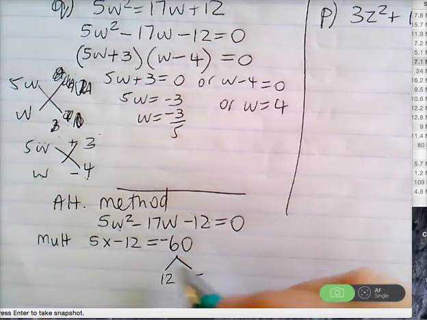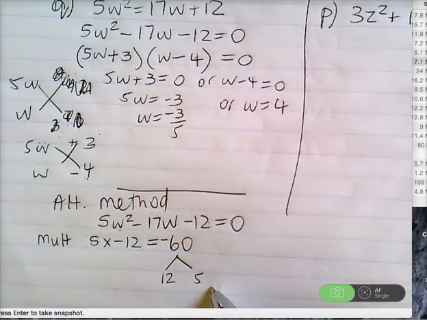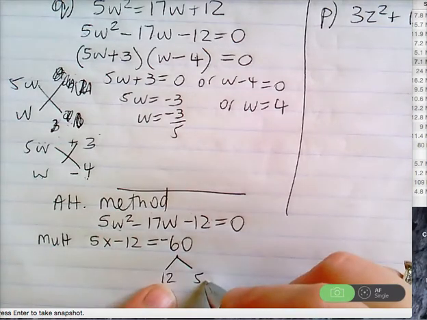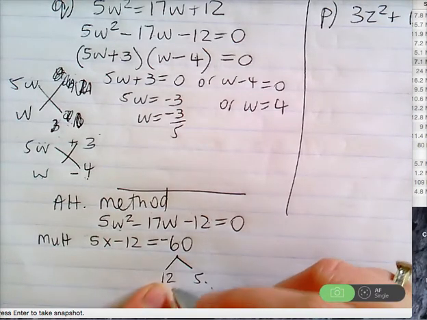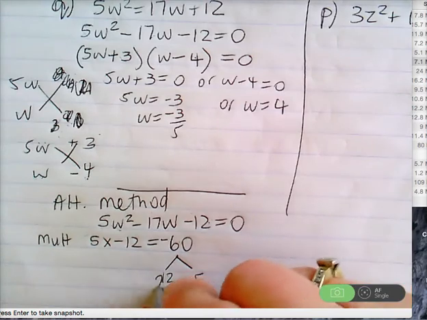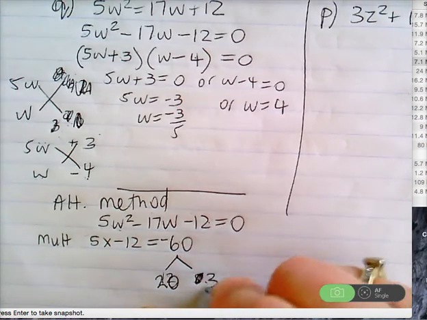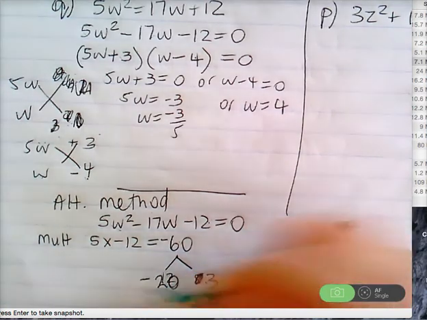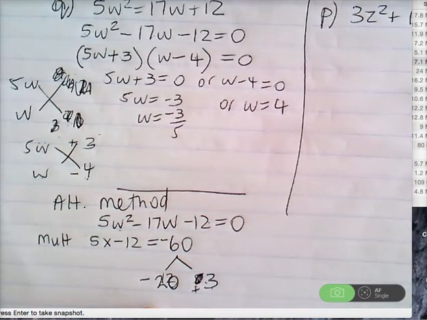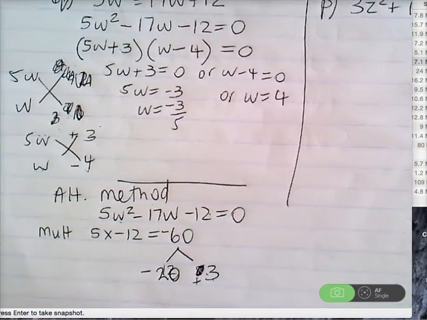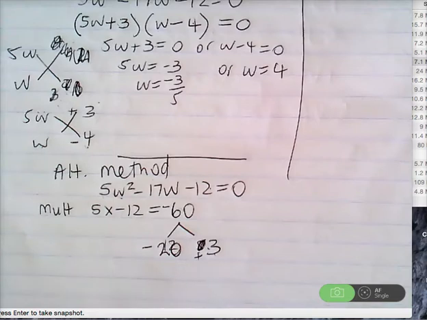Okay? So, girls, 12 and 5 won't work because one of them's got to be negative and one's got to be positive. It's 20 and 3, and it's negative 20 and positive 3.